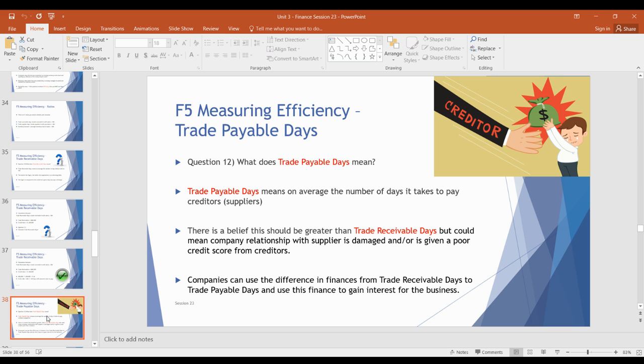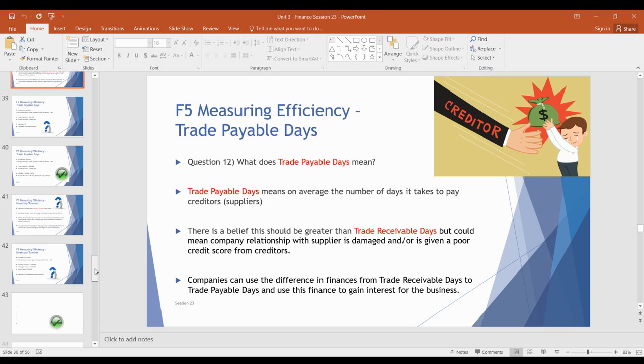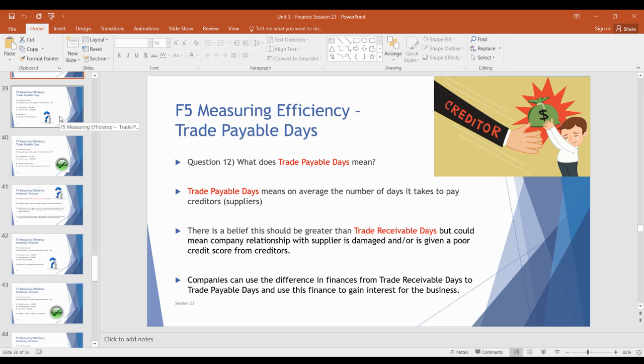It could be in a business savings account for 89 days, generating interest and gaining money for your business instead of paying on day one. Often, companies will give you discounts for paying early, so you need to weigh up the benefits of paying early versus paying on time.